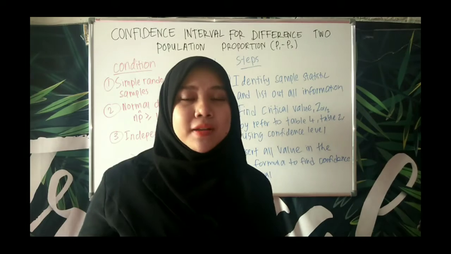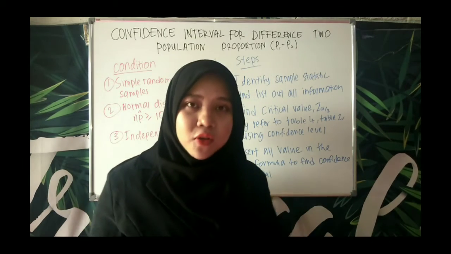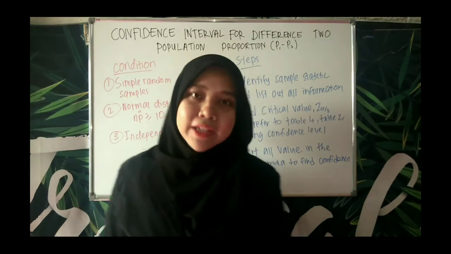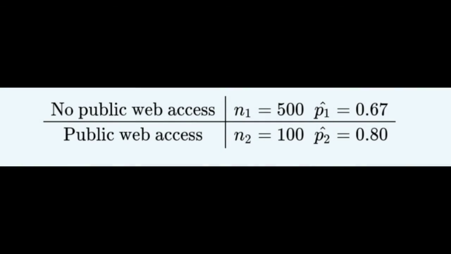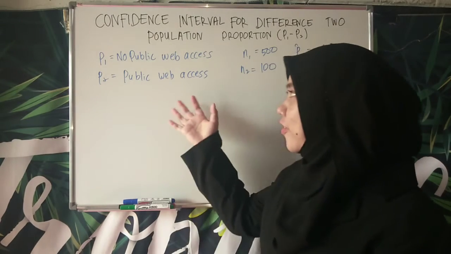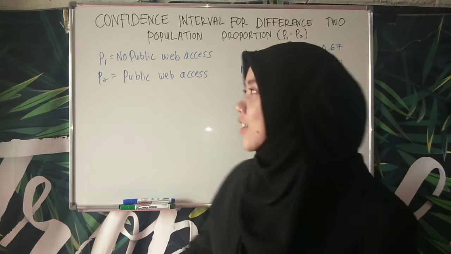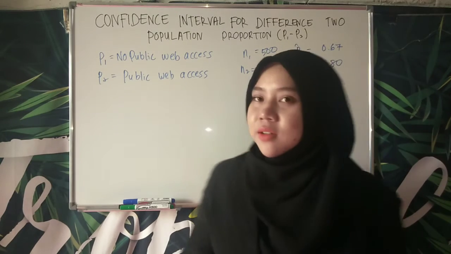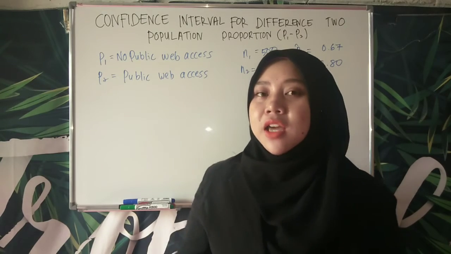So, for your better understanding, I will show you an example of how to find the confidence interval. Okay, so let's go. From the question, I have listed out all the information given.